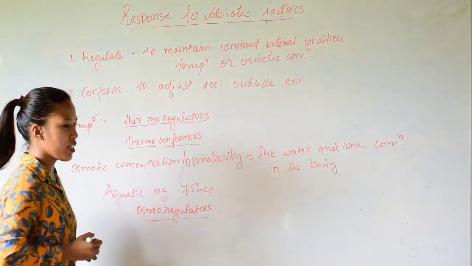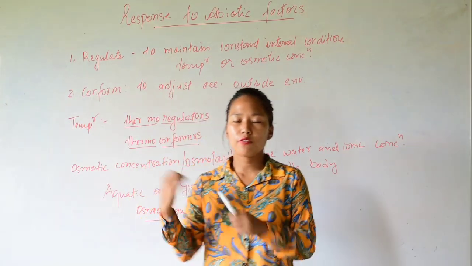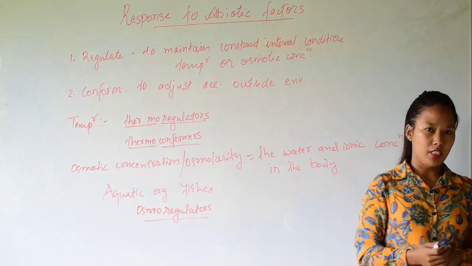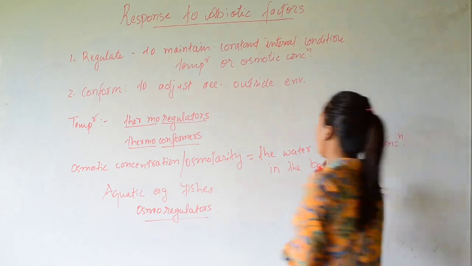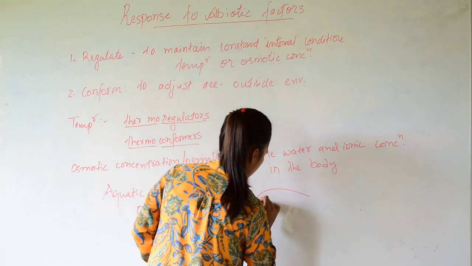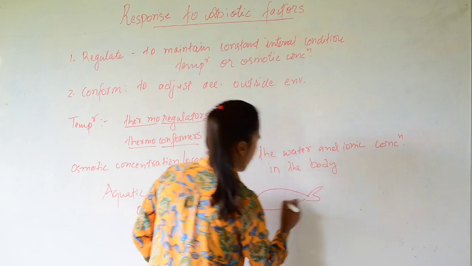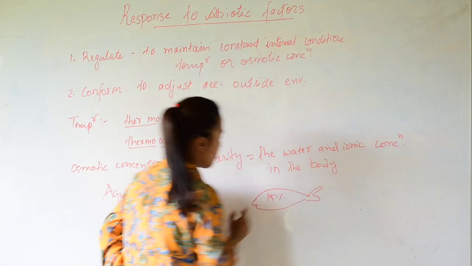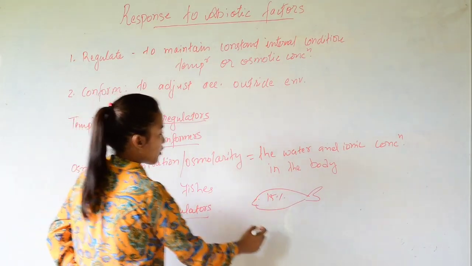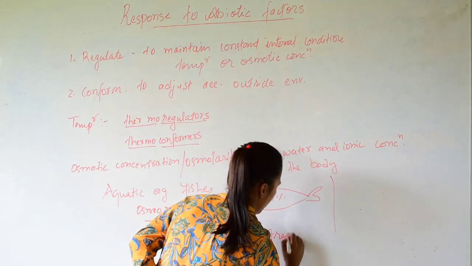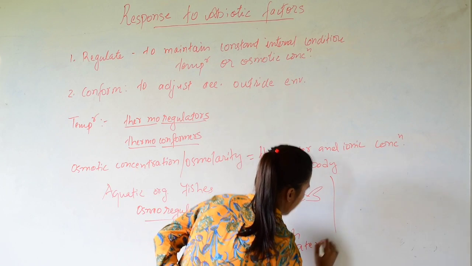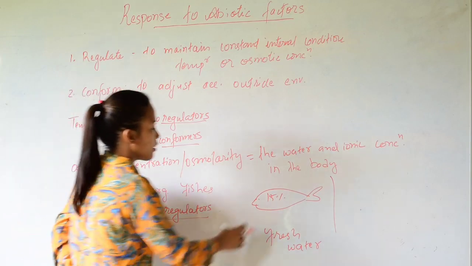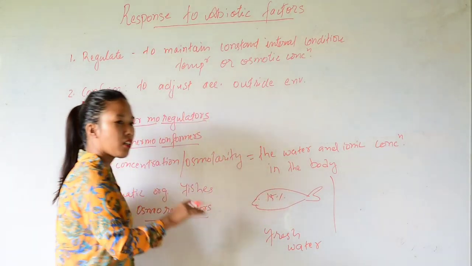Now suppose a particular fish is not able to maintain a constant internal condition. Suppose its constant body concentration is 15%, but when this fish lives in freshwater, it is not able to maintain a constant internal condition.